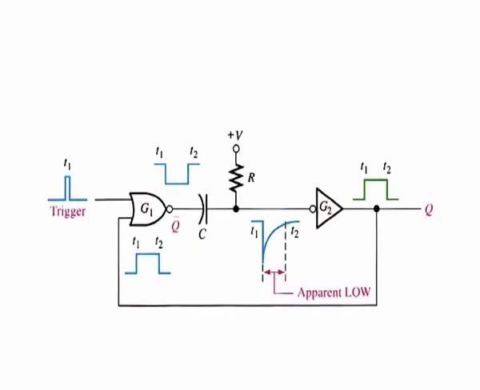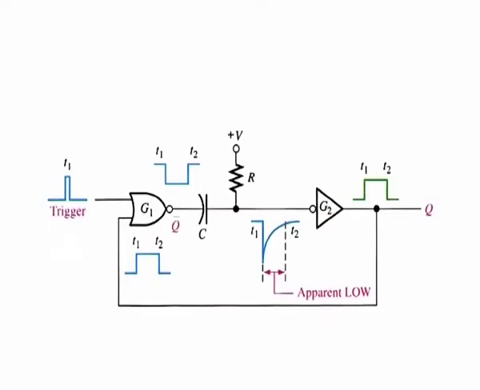The figure here shows a basic one-shot, or monostable multivibrator, that is composed of a logic gate and an inverter. When a pulse is applied to the trigger input, the output of gate G1 goes low.